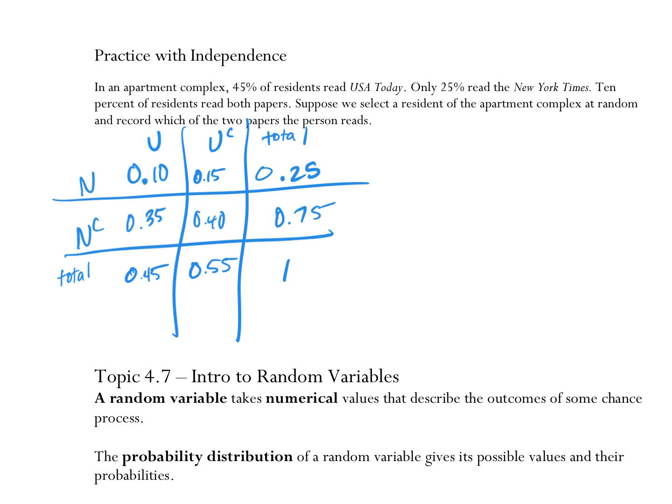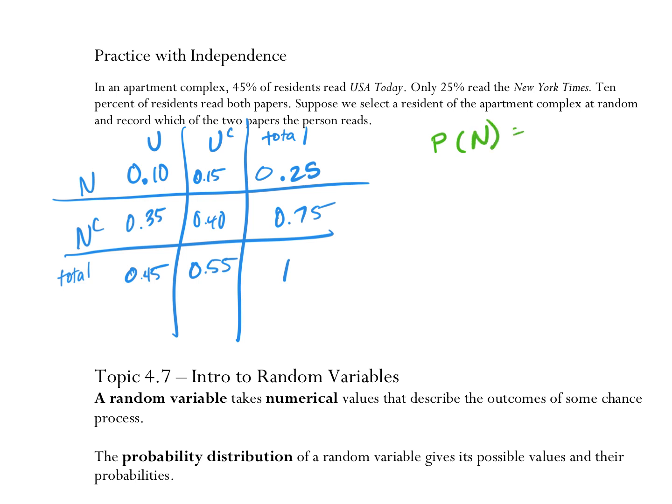All right, now, if we want to know if it's independent, we need to find two probabilities. Which ones do you think we need to find? You have two sets of options here. Probability of reading the New York Times.